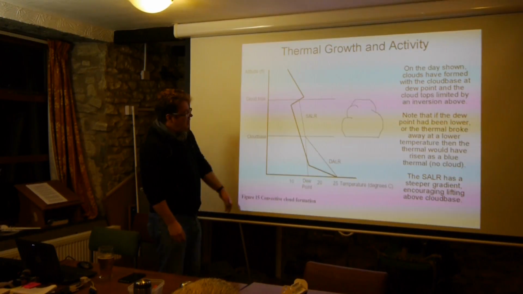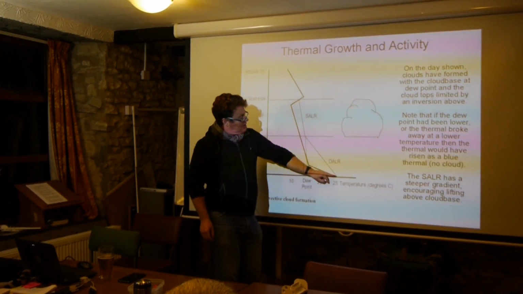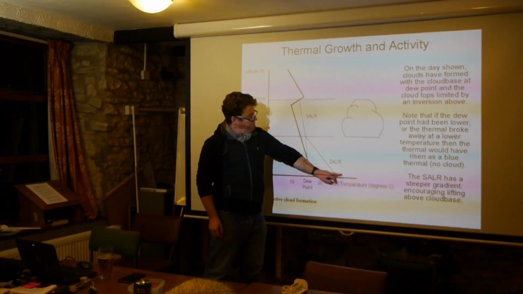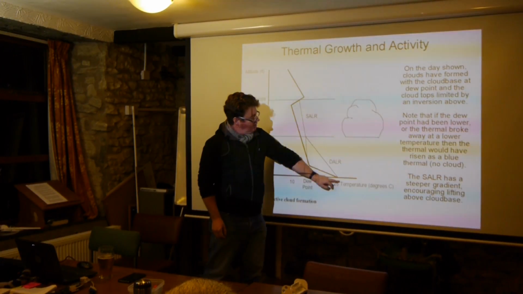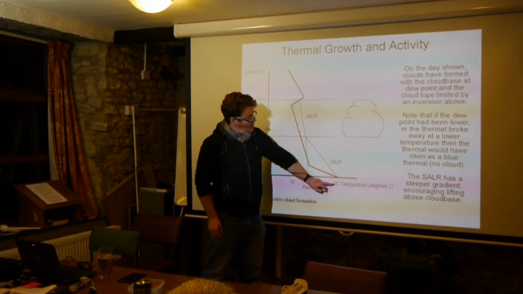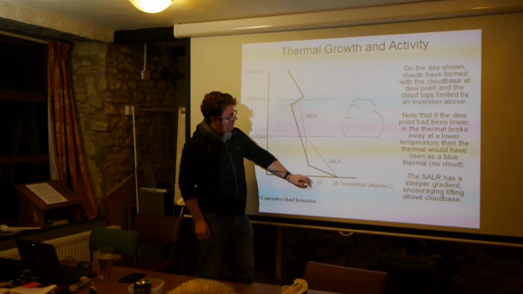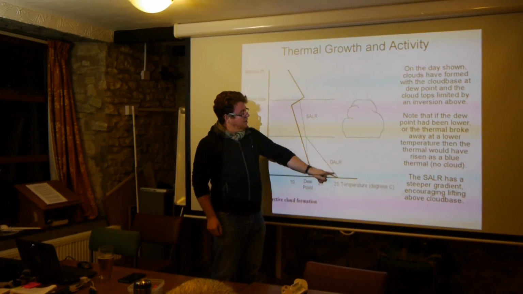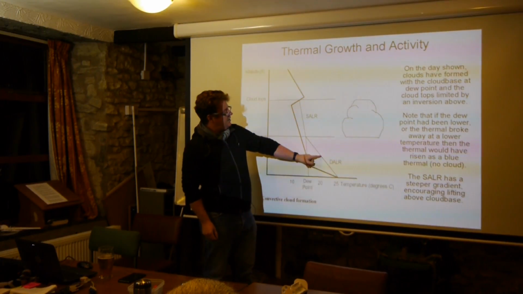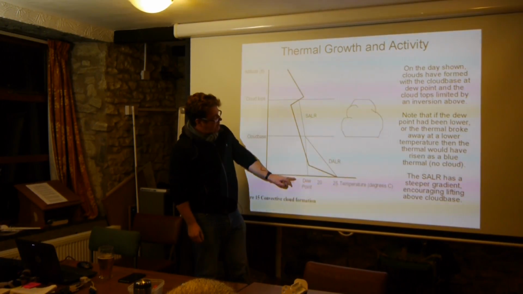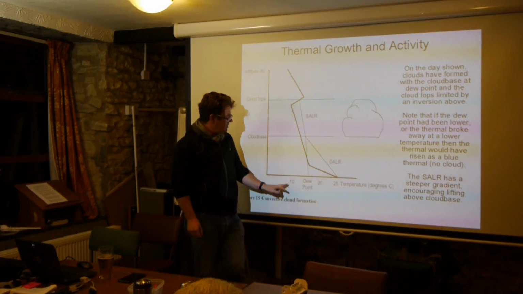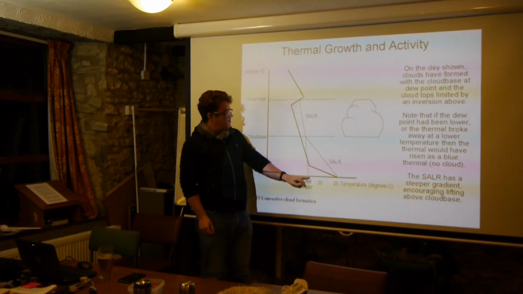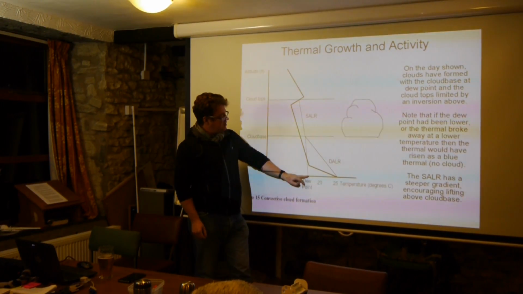So you have, again, the same toe at the bottom of the environmental line, which indicates ground heating, and you have a thermal breaking away and rising at the dry adiabatic lapse rate. But we also know that today the dew point at ground level is, say, 15, 16 degrees.